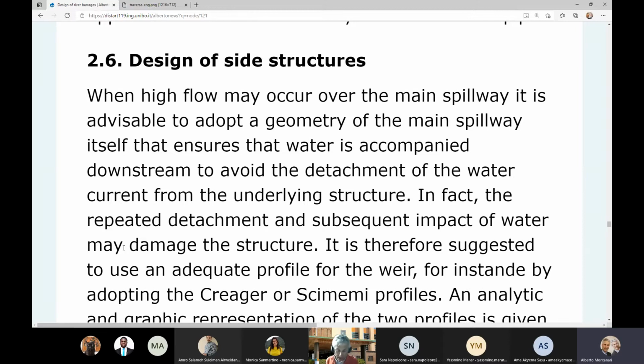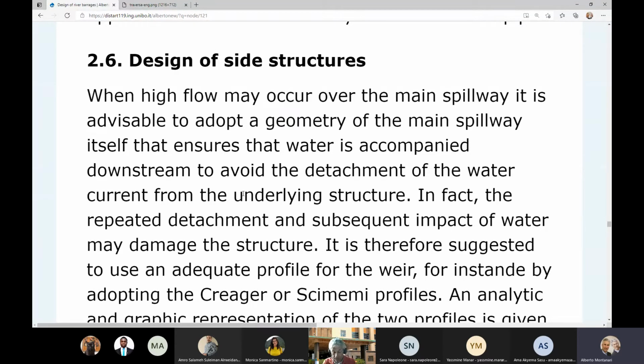These are structures like the main spillway. It's not directly interfering with water withdrawal, but it's still a necessary part of the river barrage. So with side structures, I mean parts of the river barrage that are not directly in contact with the water that is withdrawn. Okay, so what I want to discuss here is the main spillway.